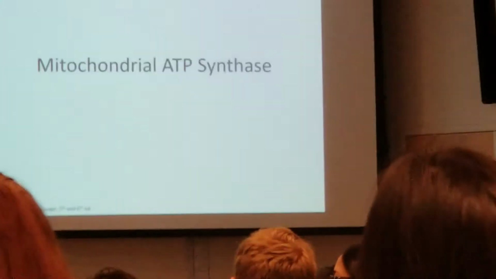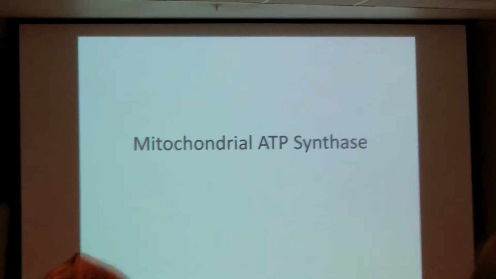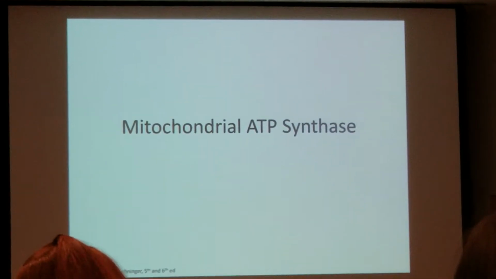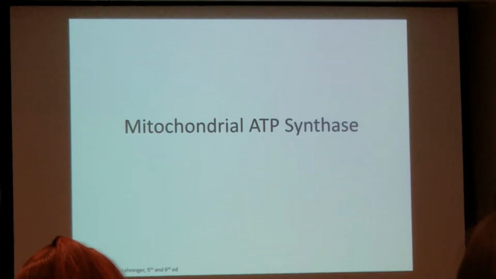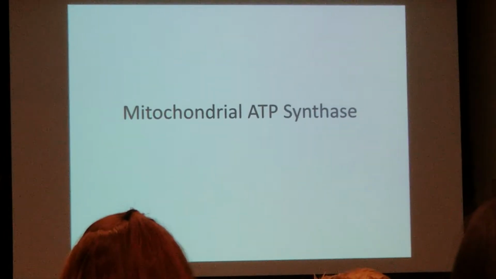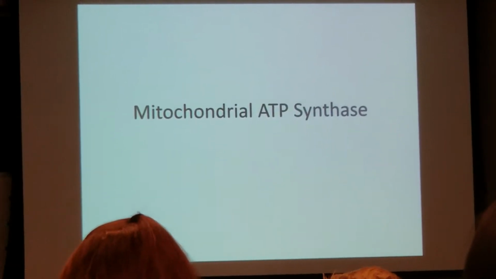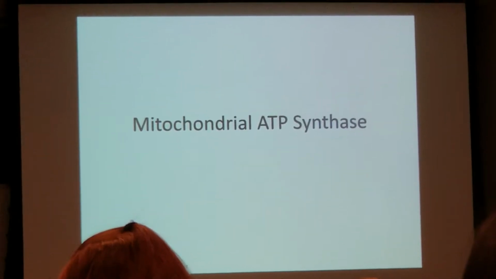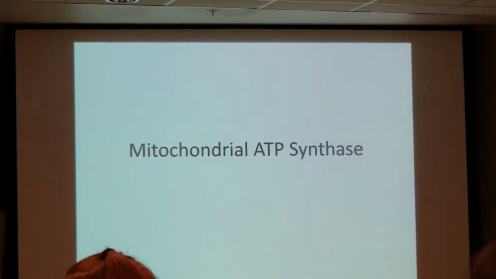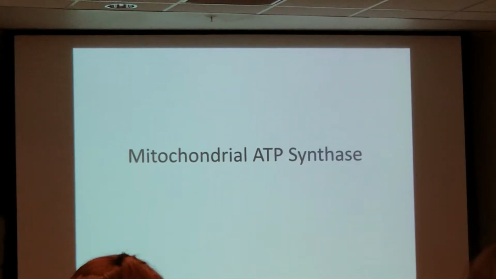So there's a machine called the ATP synthase, and it's embedded in the inner membrane. So a lot of things are embedded in the inner membrane. The electron transport chain, succinate dehydrogenase of the Krebs cycle, this machine here.